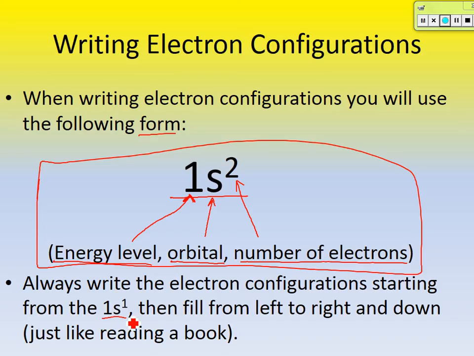I'm going to say that a lot. We go from left to right and then down. Just as you read a book, you start on the left side of the page, you go to the right, and then once you complete that line, you move down. So we're going to fill the electron configurations just like that. And it will make sense. What I'm saying here will make sense in just a few moments.